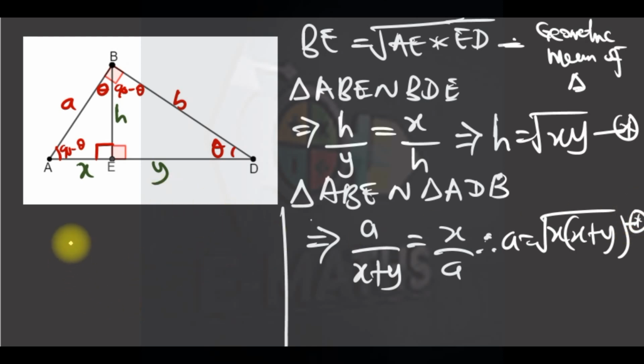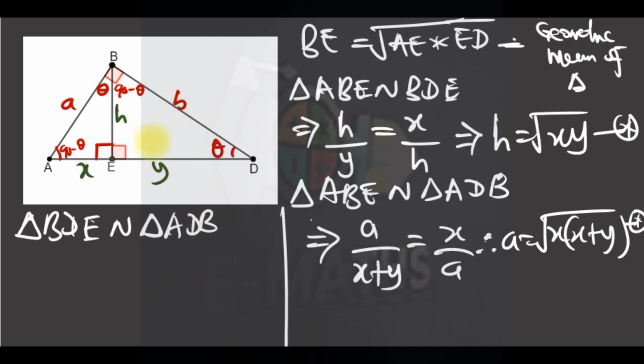Finally, for the third one, we'll compare the small triangle on the right-hand side with the big one. So we see that triangle BDE is similar to triangle ADB.